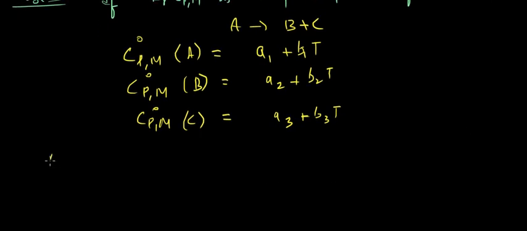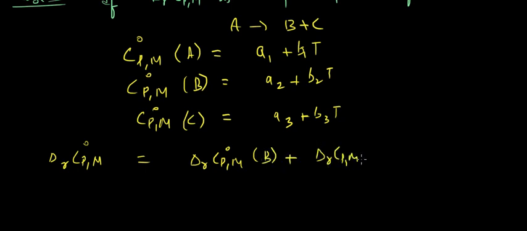So we know that delta R CPM naught for the reaction would be equal to CPM naught for product B plus CPM naught for product C minus CPM naught for reactant A.